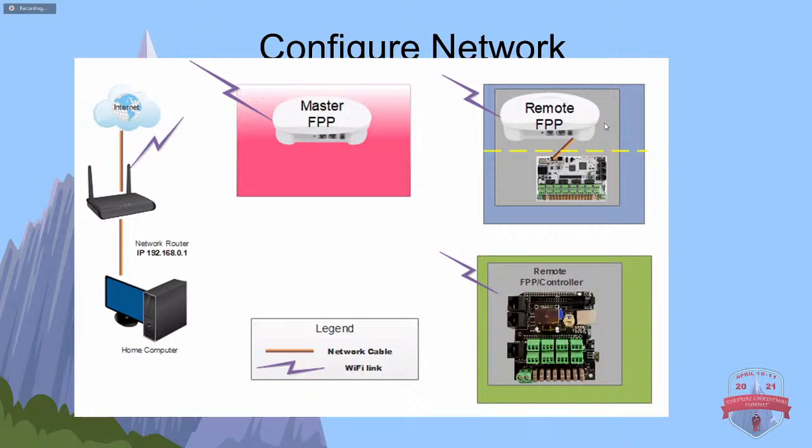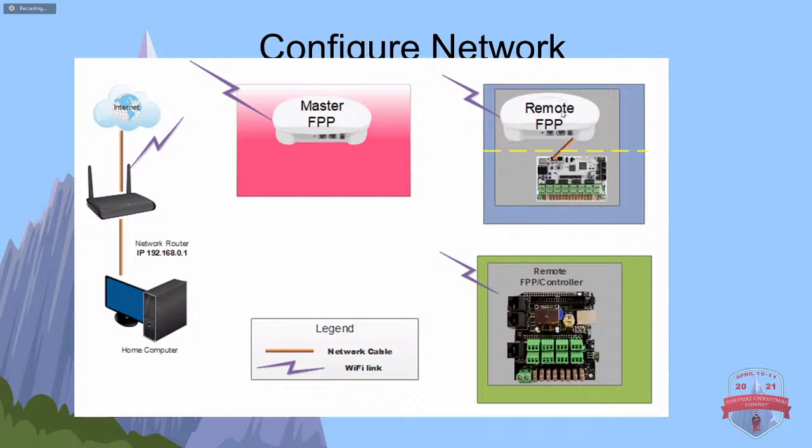Then you're going to configure the Ethernet port to access the controller. That's going to get an IP address on a different subnet than your network and all your wireless stuff. So you'd do it like 192.168.something other than 0, with the device number.